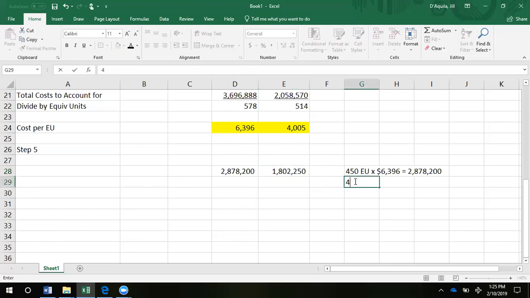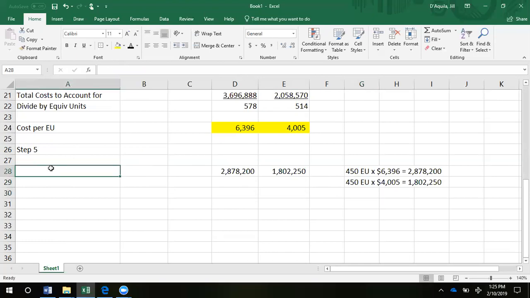So again, that was 450 equivalent units times $4,005, and that gave me $1,802,250. What this represents is the cost of the units completed and transferred out: 450 units.